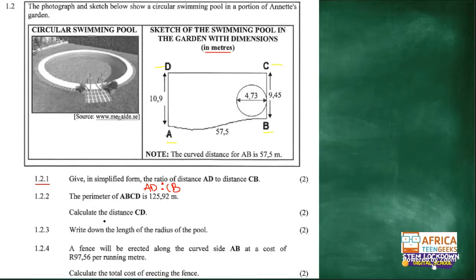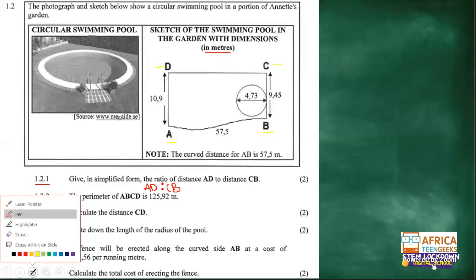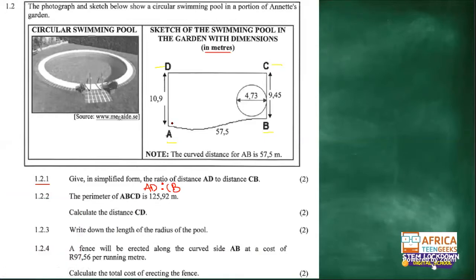The question says, calculate that distance CD. I want to know the distance CD. I want to know this distance here. 2 max, 2 minutes. I'm giving you 2 minutes for this one as well. What's your distance CD?